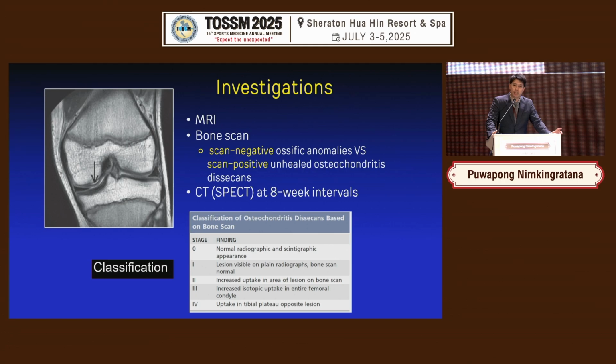However, if we have seen and identified the lesion already, we can think about a possible classification to be useful to deal with this problem. For example, we use staging for osteochondritis dissecans, or any kind of scanning. That would be useful.